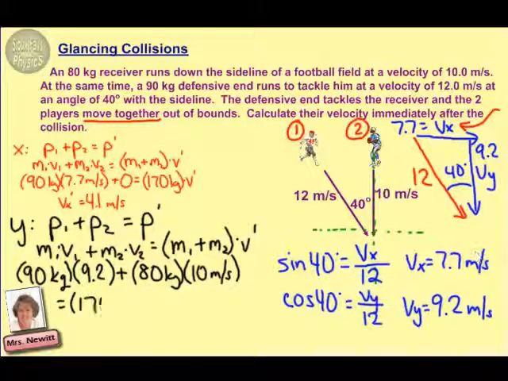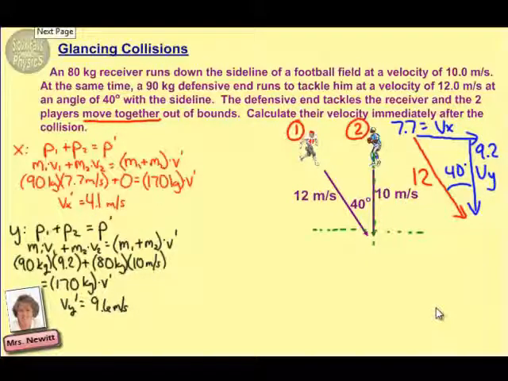Again, their total mass together is 170, and that's multiplied times their final velocity. Doing the algebra and solving for the unknown, we get a final velocity in the vertical direction of 9.6 meters per second.